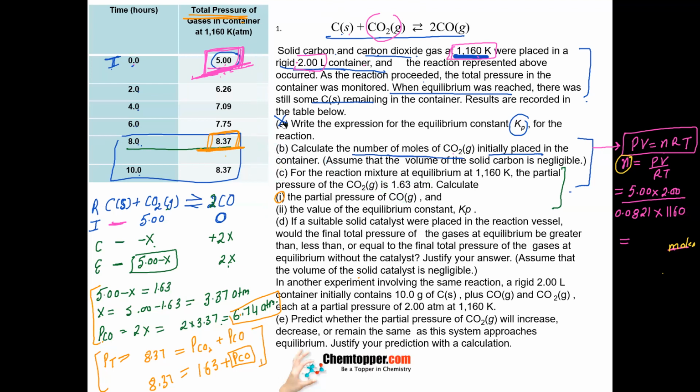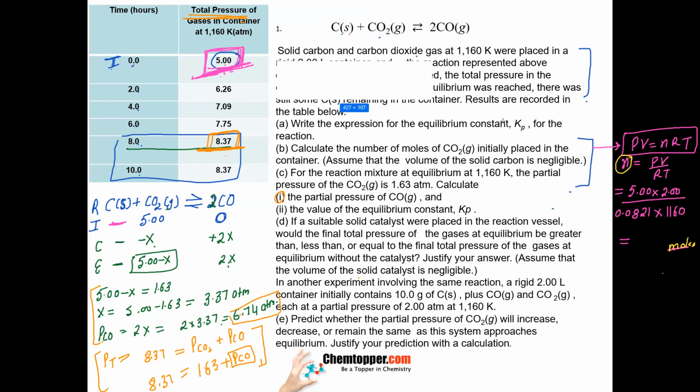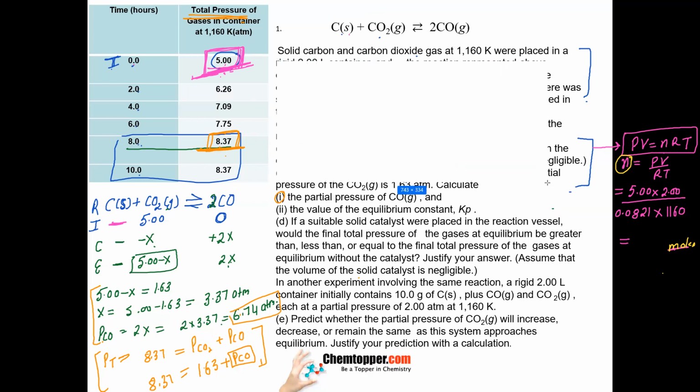Now they are asking me to calculate Kp. So you know the Kp expression for this equation which is written there. What is the Kp expression? I need some space, so I'm going to put a box here because we have done this part. We are doing the C part. So what is Kp?